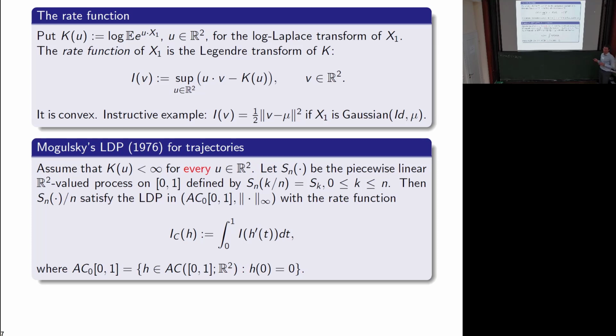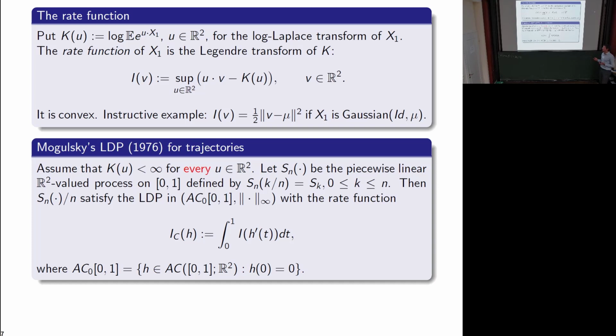And then we look at the trajectory of the random walk. So we have a bunch of points from 1 to n, these are the S_k, and we form a function on [0,1] by linearly interpolating between the points, as usual, so they are a piecewise linear trajectory.